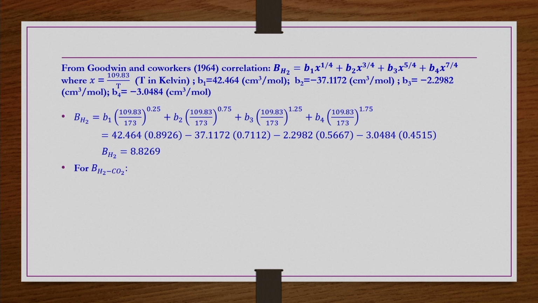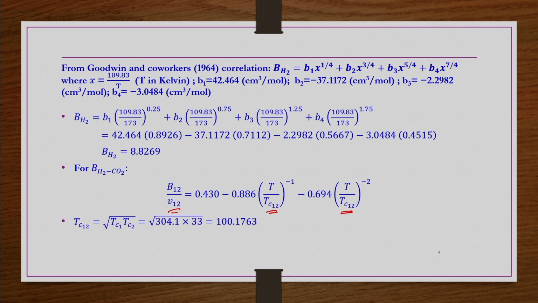And for the cross virial coefficient we will be using the McGlashan correlation. So, that is given like this here. We need TC12 and then V12. TC12 we know is the square root of TC1 TC2, VC12 is nothing but 1 by 8 multiplied by the cube root of VC1 plus the cube root of VC2, whole power 3, and then we get V12 is this one, right.